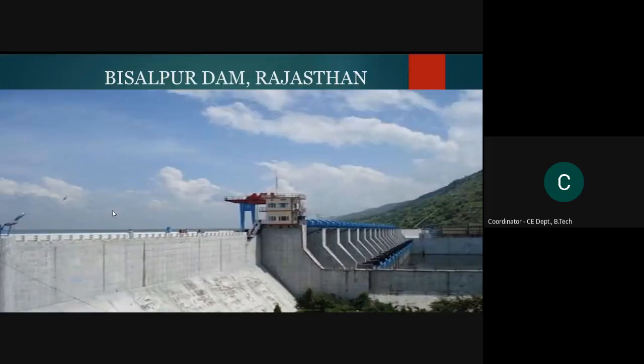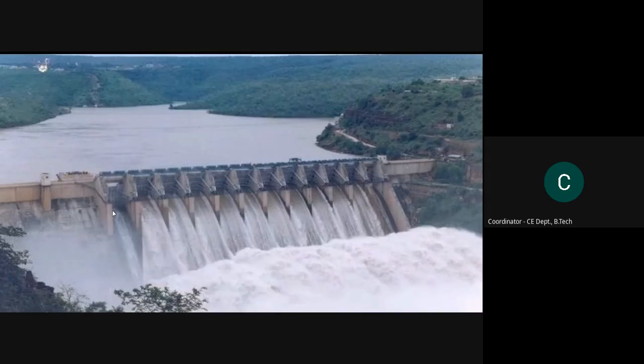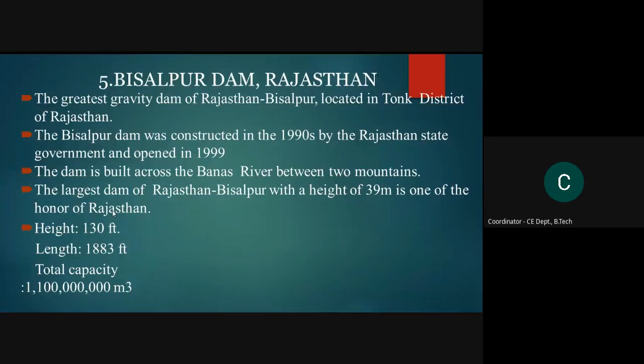So our next is Bisalpur Dam, which is situated in Rajasthan. This is the Bisalpur Dam. Okay. So it is the greatest gravity dam of Rajasthan. Sorry, Bisalpur, located in Tonk district of Rajasthan.